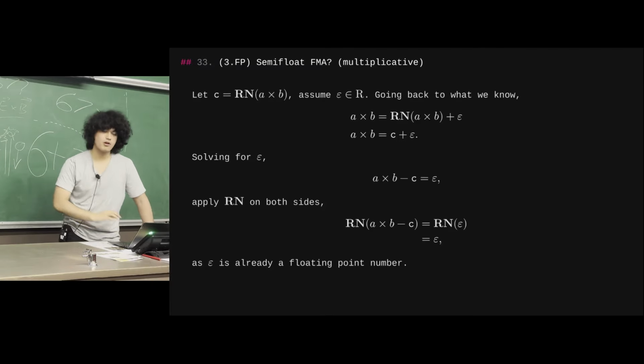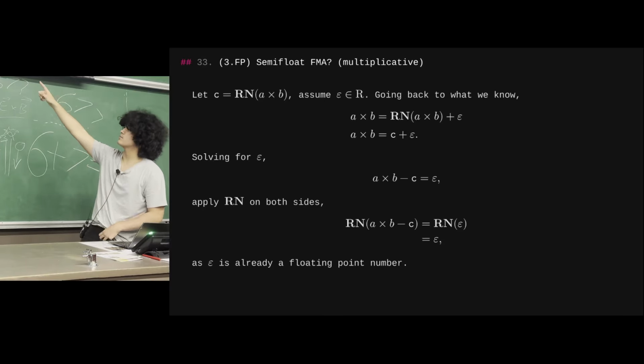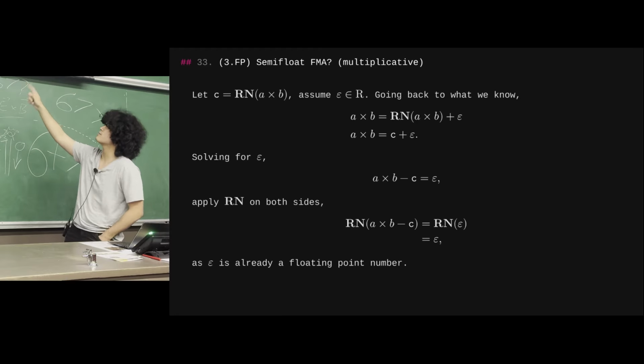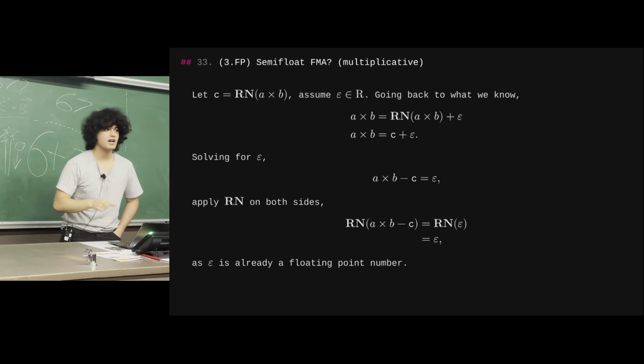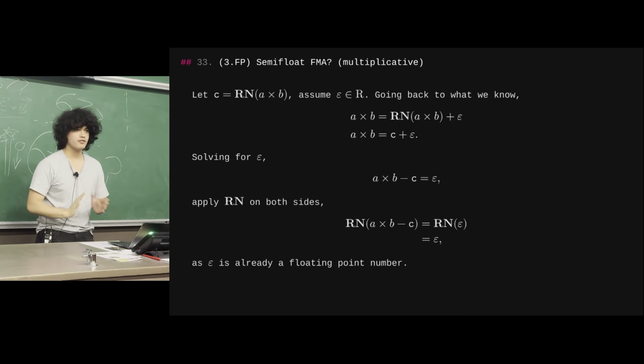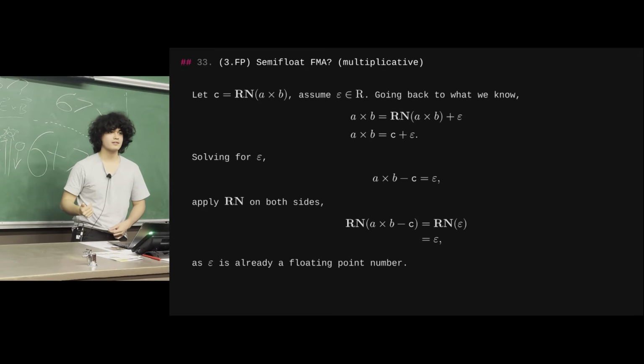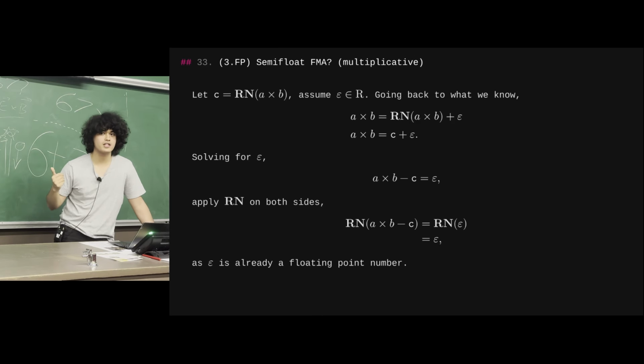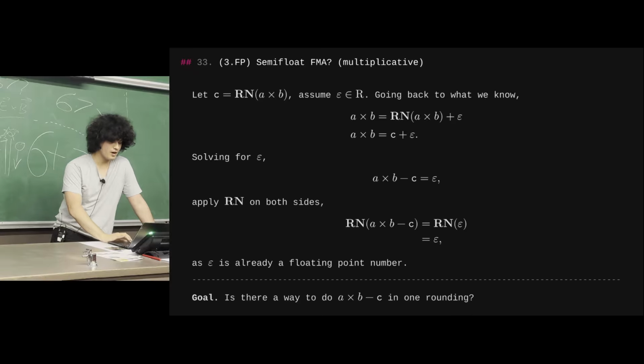So as you can probably see, the easiest way to find a closed form solution for epsilon is to multiply a times b minus c in infinite precision and then round at the very end. So we don't really have an operation that has this, right? So is this even possible? Is there a way to do a times b minus c in one rounding?